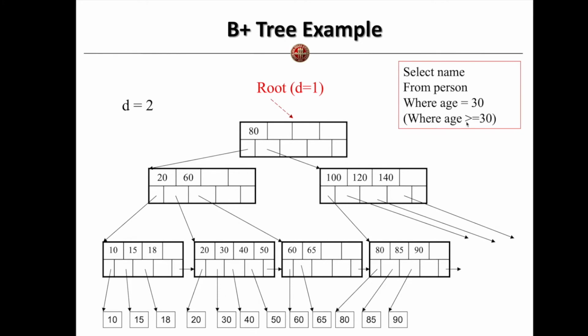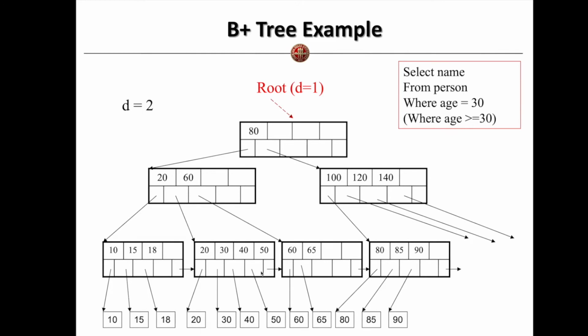Remember the condition we have is that age is not smaller than 30. In other words, we can further go to the right-hand side because we can ensure all the values on the right-hand side are larger than 30, right? Because each node is sorted. And from this pointer, we further go to the right-hand side. We access this tuple as well, 40, this tuple as well, 50.